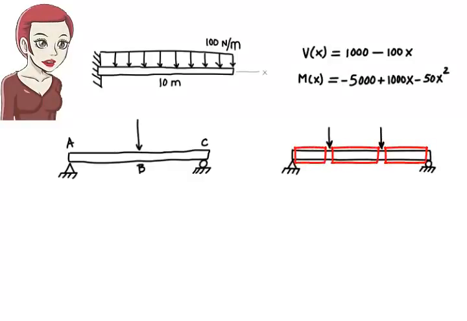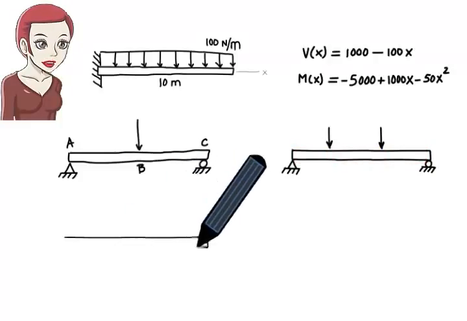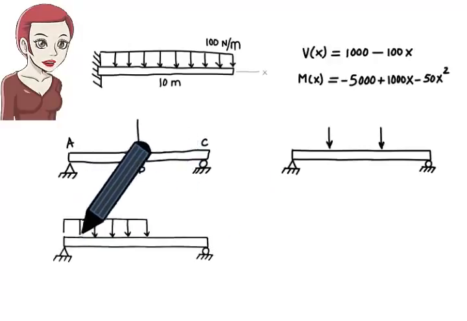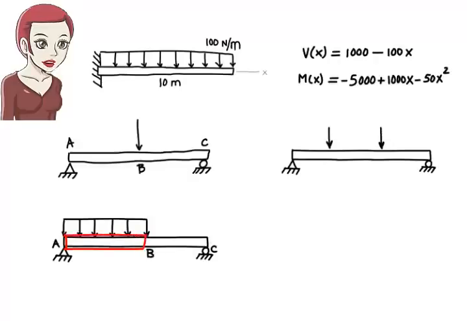The need for having multiple shear and moment equations also arises when the beam is partially subjected to distributed loads. For example, here, the uniformly distributed load divides the beam into two segments. Segment AB, which is directly under load, and segment BC, which is load-free.